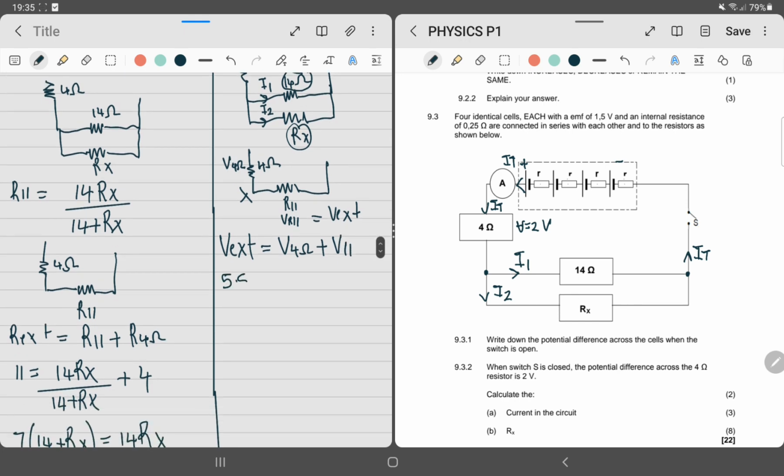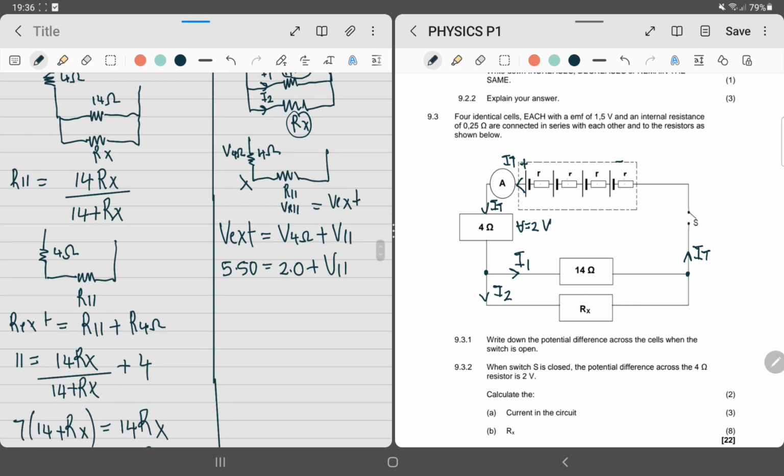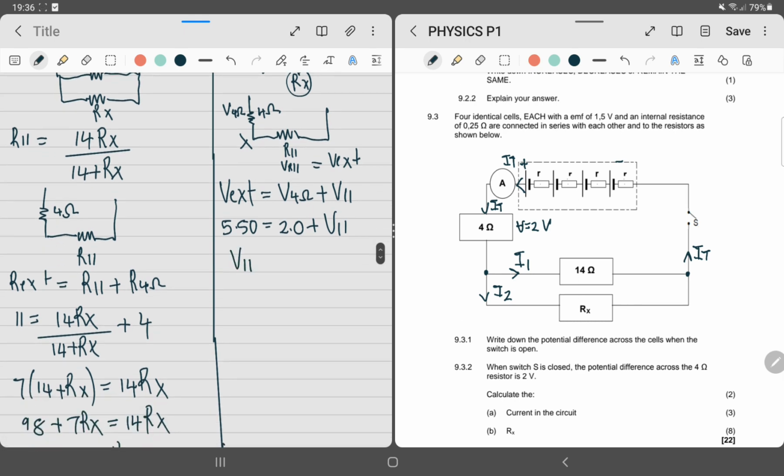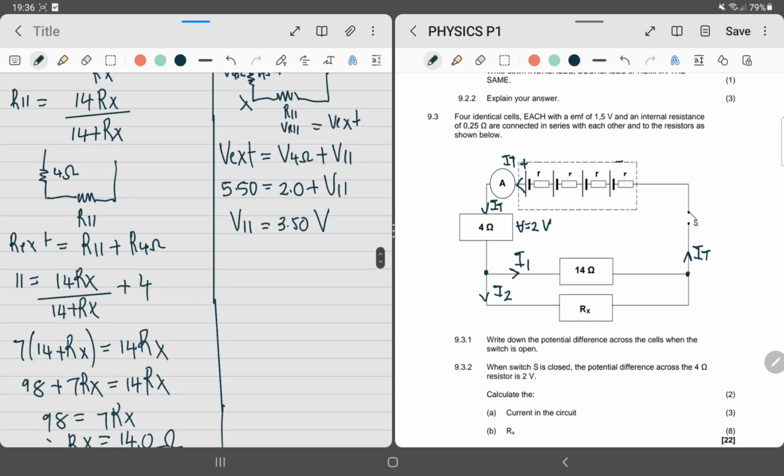V external is 5.50. The voltage through the 4 ohm is 2. V parallel, so I am getting 3.50 volts. That's the voltage across the parallel combination.